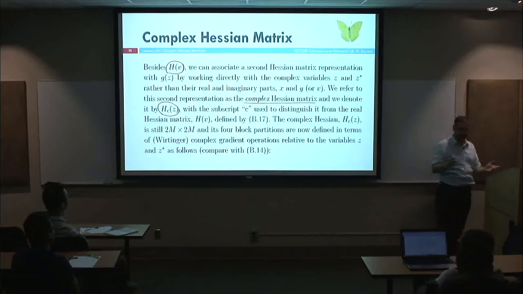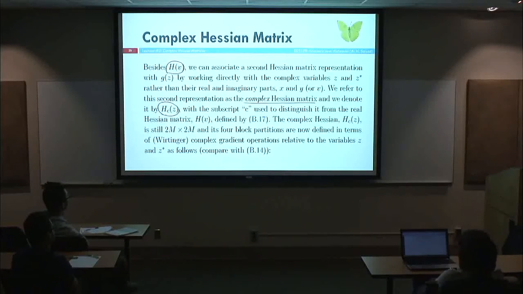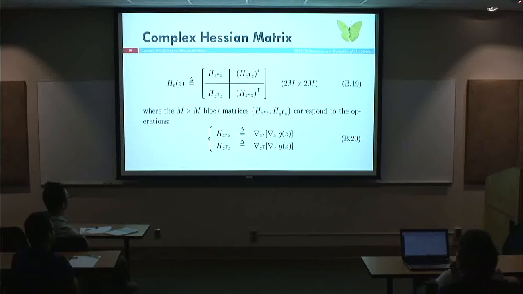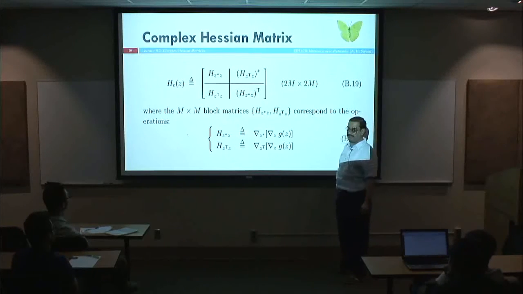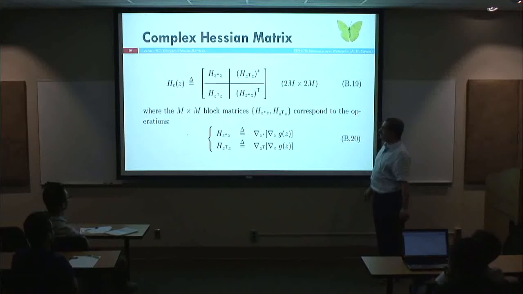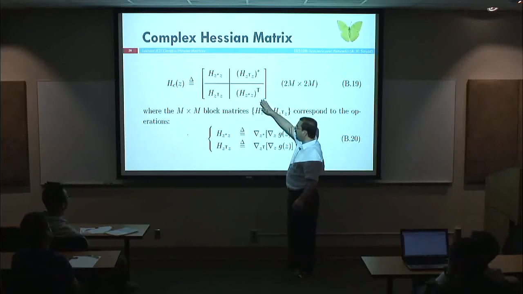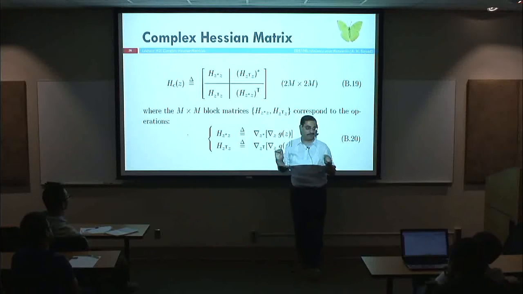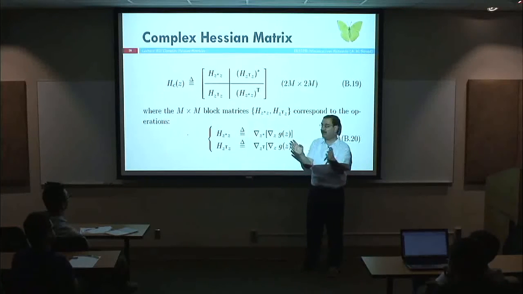Fine? Now, of course, it will have the same size. It will be 2m by 2m just like before, except for the entries. How do I find the entries of this Hessian matrix? They are defined in a very similar way to the way H of V was defined. It is also a 2 by 2 block.